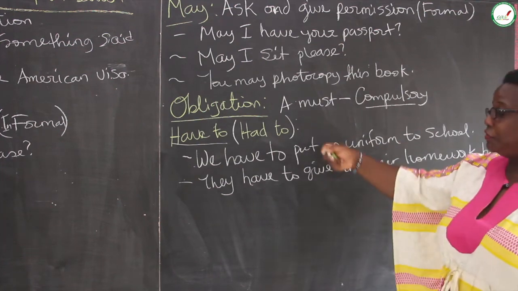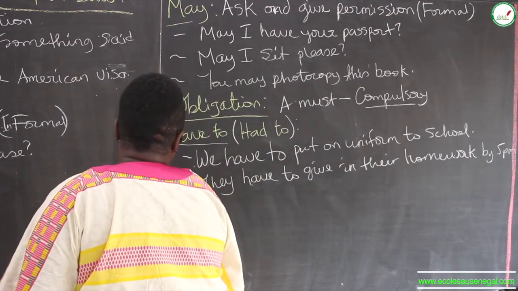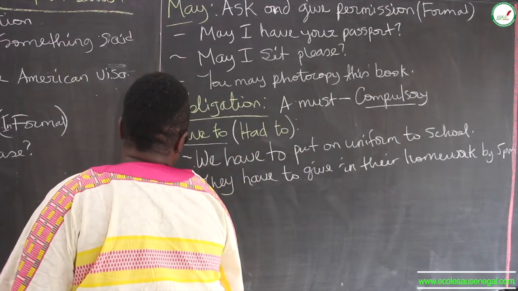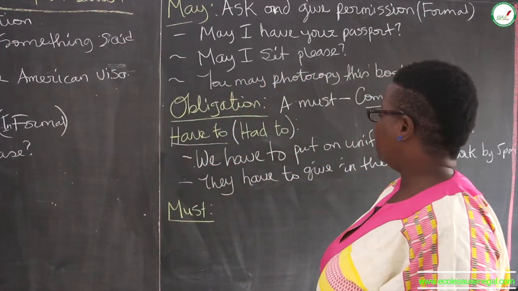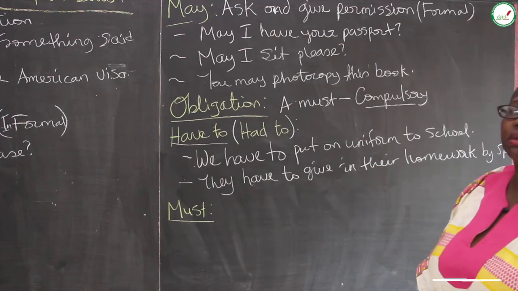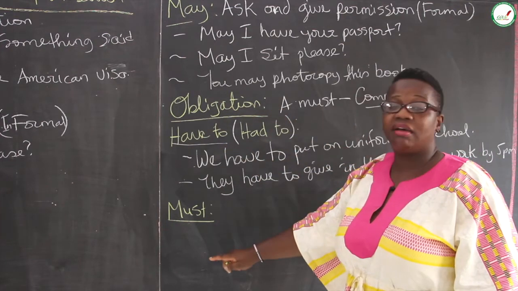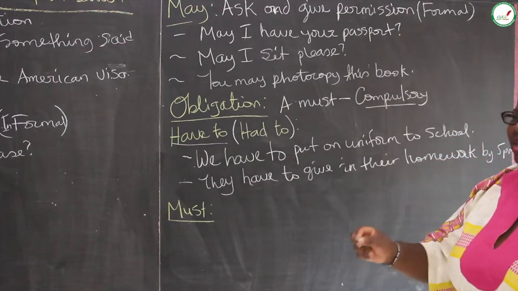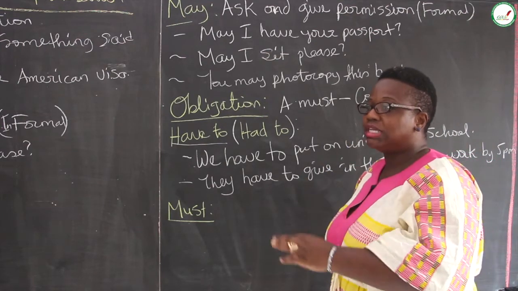So you have have to and you have must. Oftentimes must is personal. For obligations, you have to and you have must. I must be on time today. So it's a personal decision to be on time.